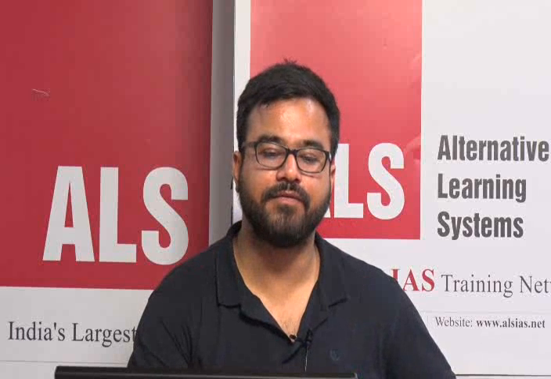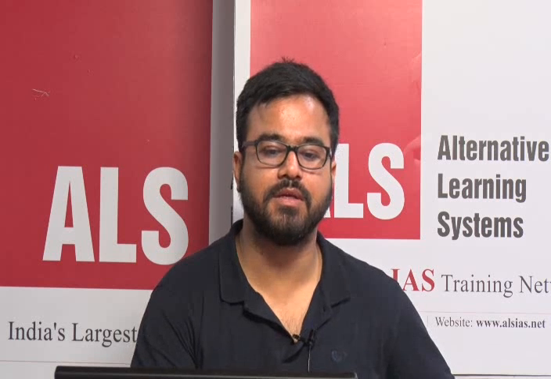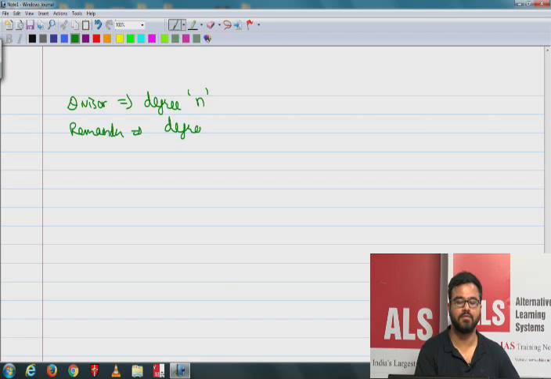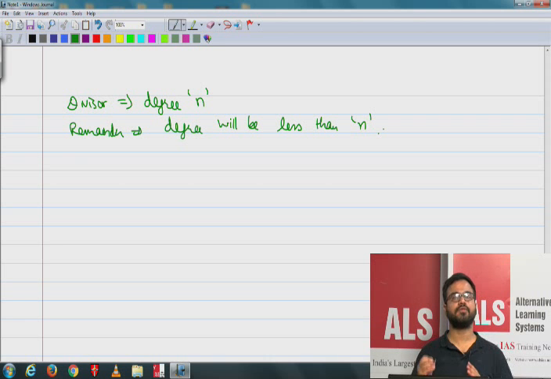Like, if the divisor is of degree n, then the degree of the remainder will always be less than n.